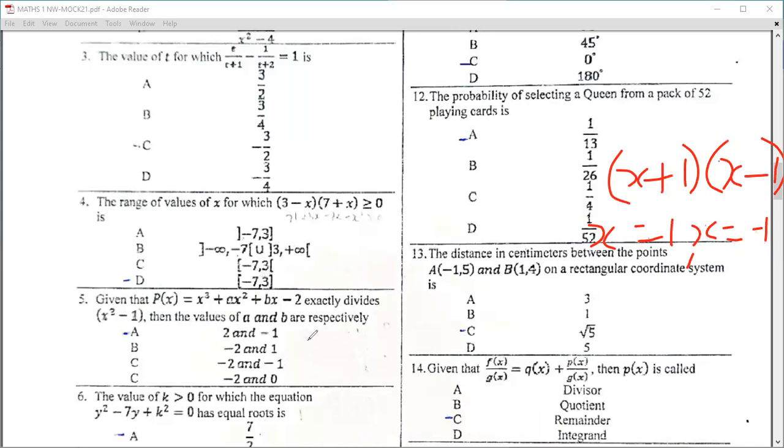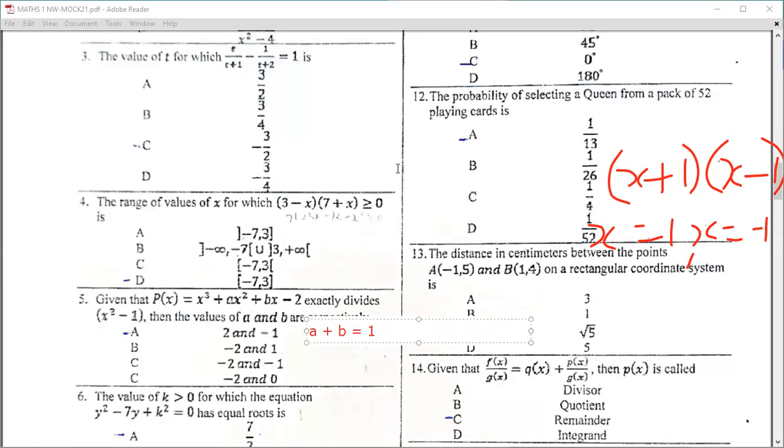So for P of 1 equals 0, what are the equations that we are going to have? We are going to have 1 plus A plus B minus 2 equal to 0. That is P of 1 equal to 0, right? And from here, this equation gives us A plus B equal to 1.